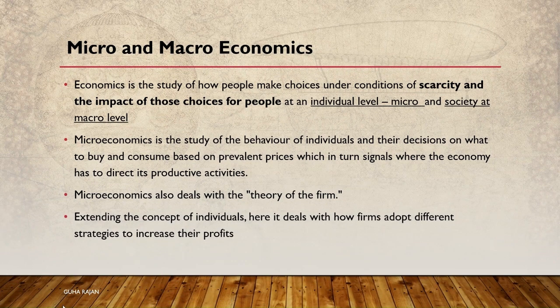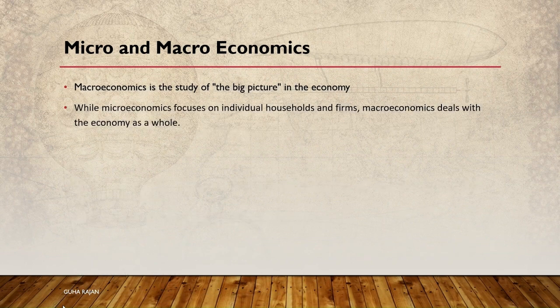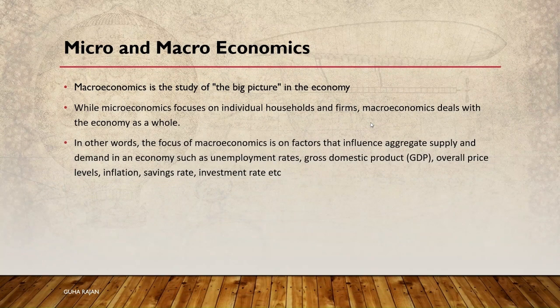Extending the concept of the individual, micro deals with how a firm adopts different strategies to increase profit. Macro is the big picture, at the country level. Microeconomics focuses on individual households and firms; macro looks at the economy as a whole, which could be a state or a country.